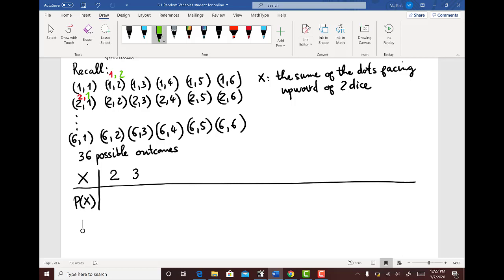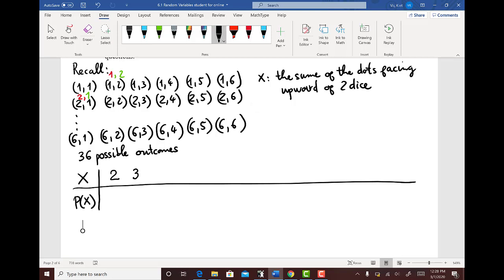The next one you could have is x equal to 4, which is when you draw a 1 and a 3, or a 3 and a 1, or a 2 and a 2. That would give you 4.